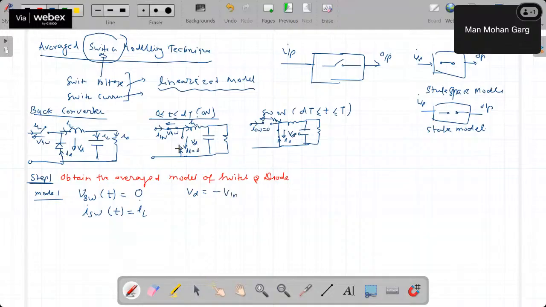You can see here, this is the diode, and the voltage across it will be the same as minus V in. What about the diode current? Because the diode is not conducting, the diode current will be 0. So that is our step 1 part in mode 1.